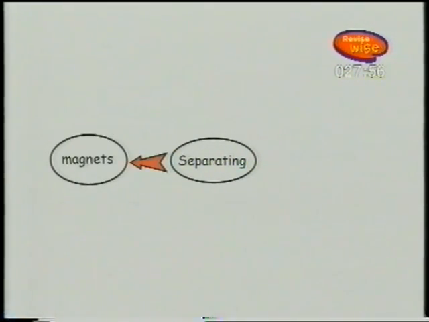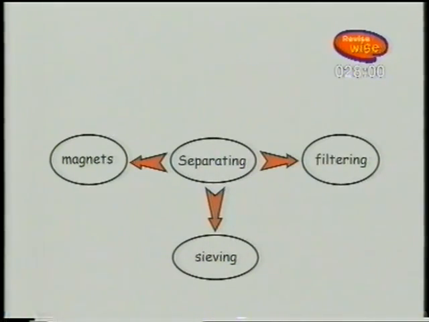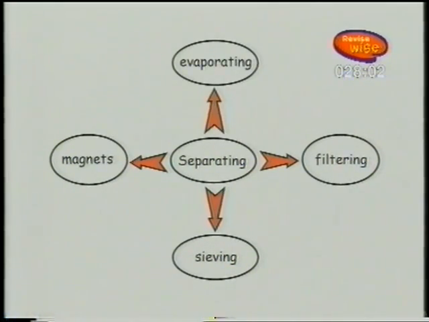So now it's time to check what keywords we've got to put in the memory bank. We looked at different ways of separating things using magnets, sieving, filtering, and evaporating. We use magnets to separate magnetic materials like iron or steel from non-magnetic materials.